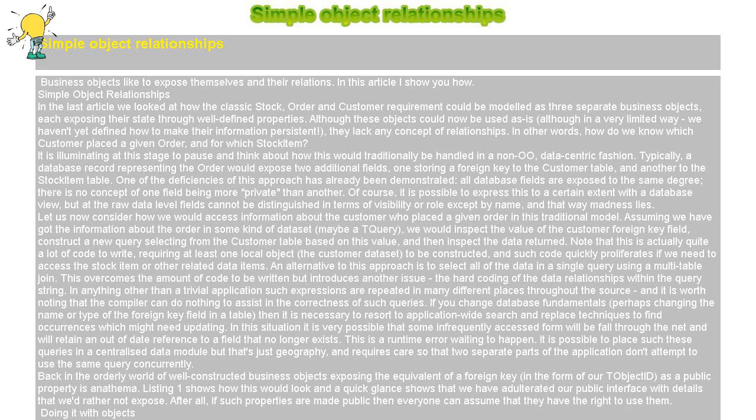This allows us to use such constructs as order.customer and order.StockItem to access the relevant objects for our order. Note that this is a natural and concise way of expressing the relationships and completely hides the implementation details.